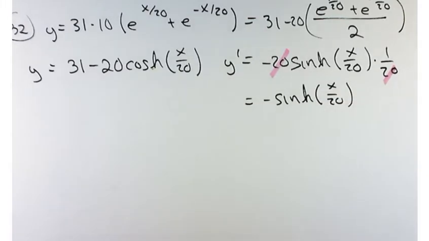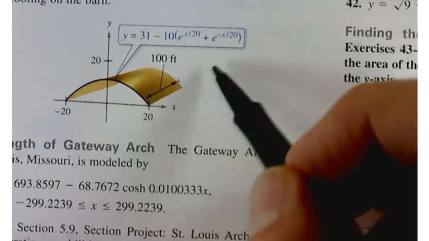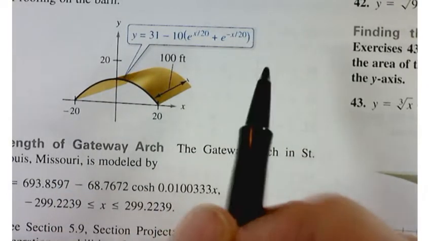Nice. All right, we're ready to put this into our problem. Let me show you briefly exactly what this problem is. It's to try and find the area of a roof. And so the roof is kind of a curved roof. So it's 100 feet this way, and its profile this way has this shape.